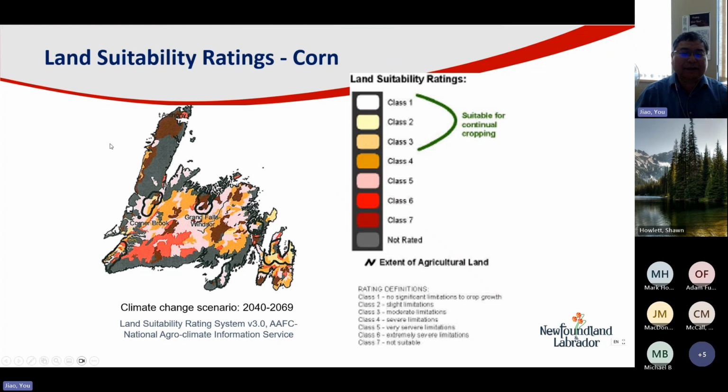If we look at the colors, the light colors for 1, 2, 3, which are white, light yellow, and a little bit dark yellow, these 3 colors do not show much on the island. That means that even after 30 years, even if the climate change is in favor of agriculture, our land is still not ready for continuous cropping.